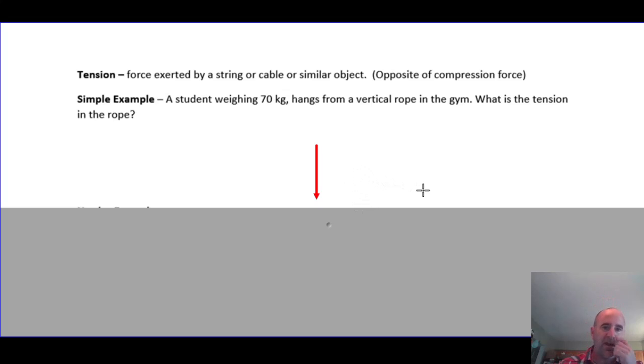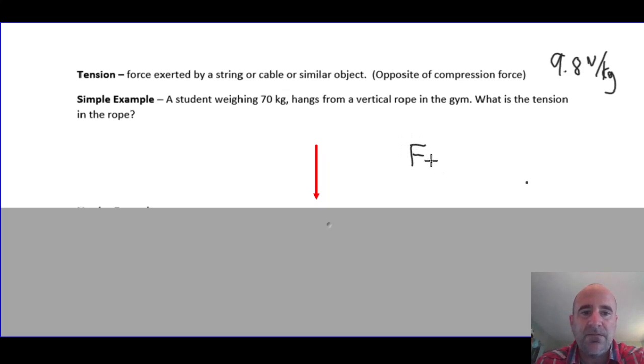So the force due to gravity, this is something you need to know. It's always 9.8 newtons per kilogram. Okay, and there's a little fact if you didn't know that. So this force that's going down, okay, has a magnitude. It's very, very common to call that F with a little subscript G, force due to gravity.